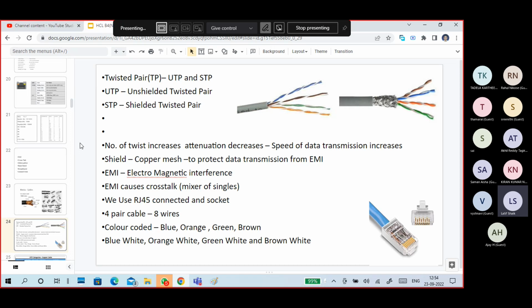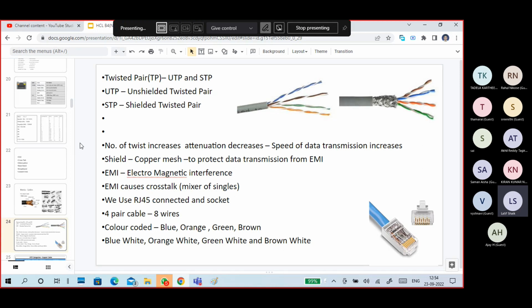The other 4 wires we call white cables with a color on it. Another 4 cables are white, but each cable has a color on it.